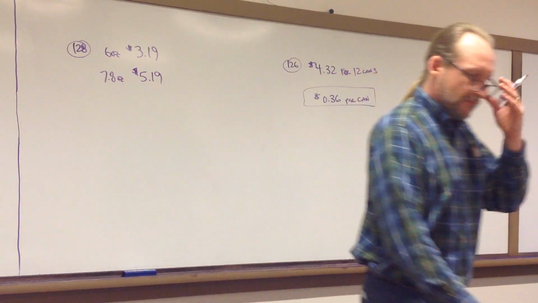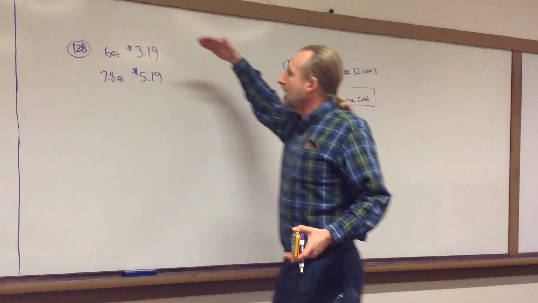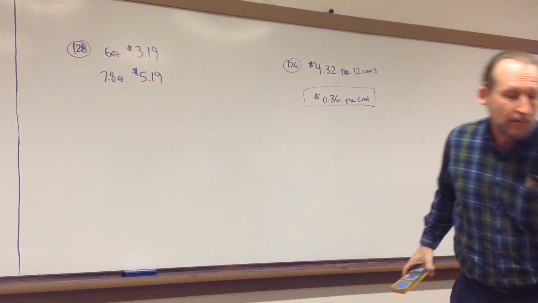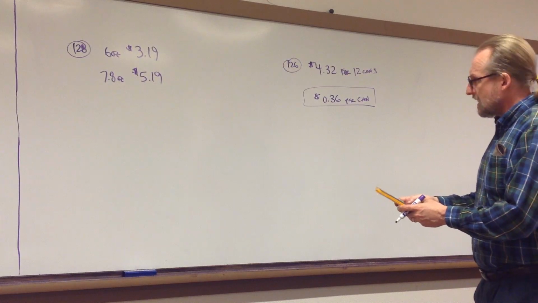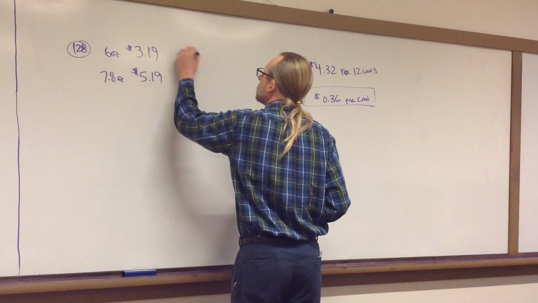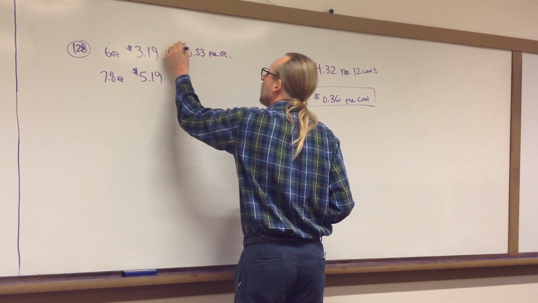Okay. So, in unit cost, typically, we're going to divide the cost by whatever the size is, okay? So, in this one, we have to do $3.19 divided by 6. So that's about 53 cents per ounce.